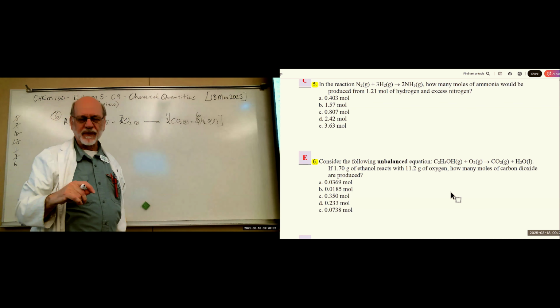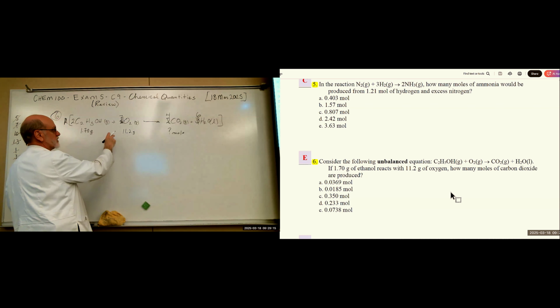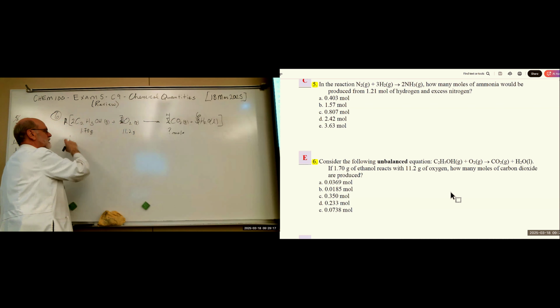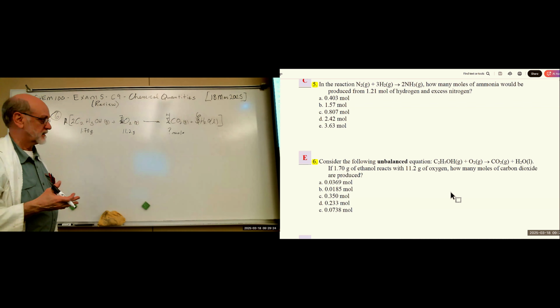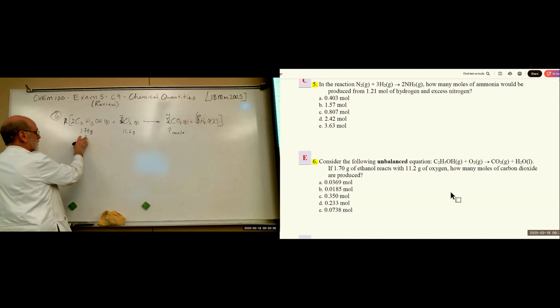So we want the number of moles of carbon dioxide. First thing we have to do is find out how many moles of each one, because the ratio of oxygen to ethanol is in molar quantities, not in mass quantity. So we have to convert this one to moles.